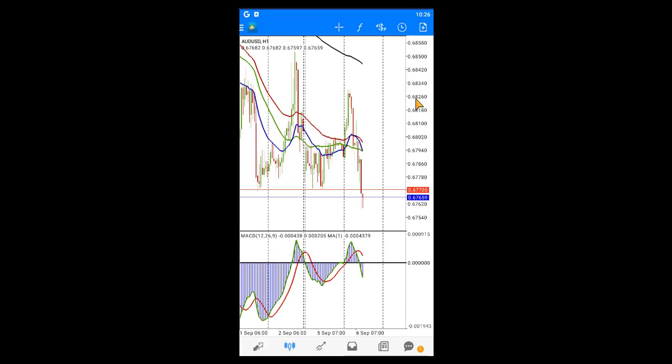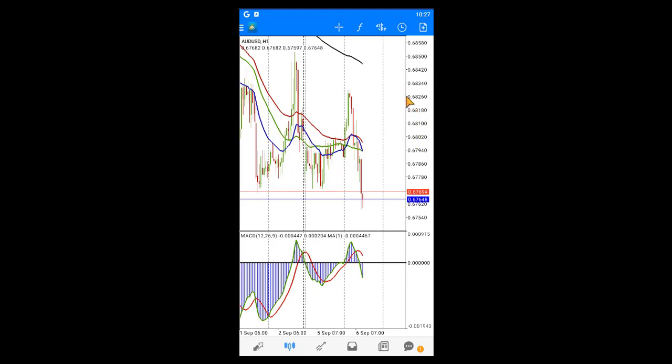So I am selling at 0.68260. I intend to sell at 0.68260, and of course while selling, your take profit should be lower. So let's do a take profit at this other price, 0.68020. Okay, this price for our take profit.